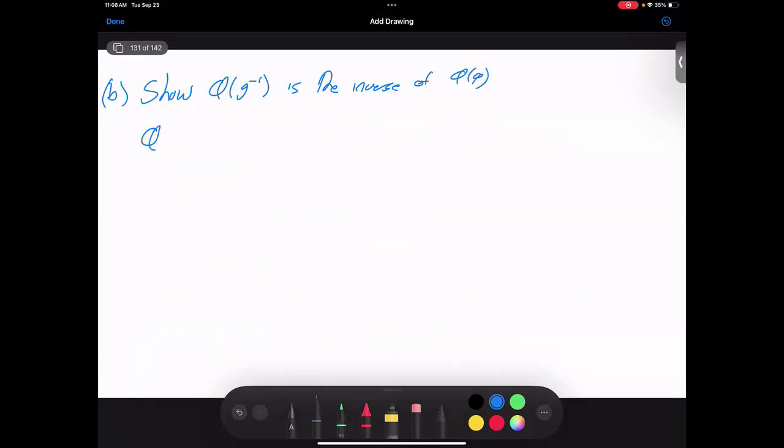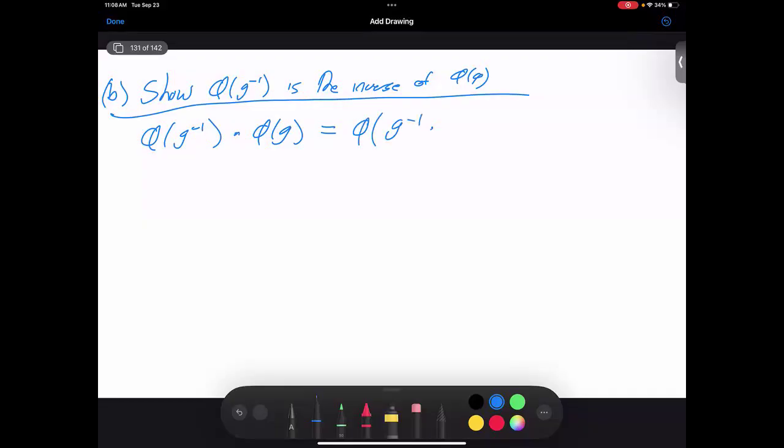So if I give you phi of g inverse times phi of g, let's just compute this. What is phi of g inverse times phi of g? Phi of g inverse times g.